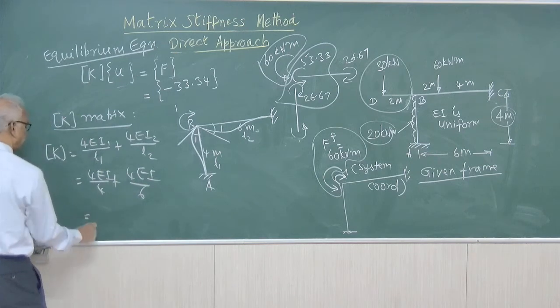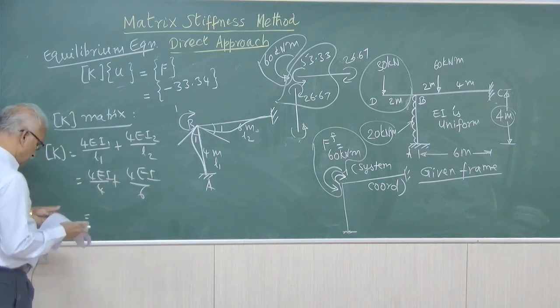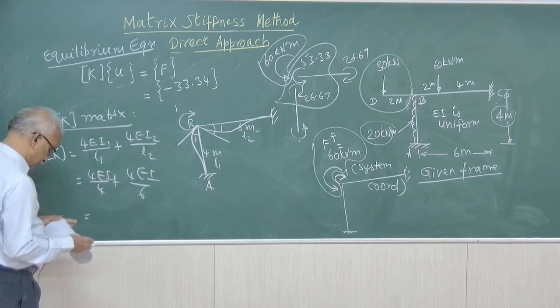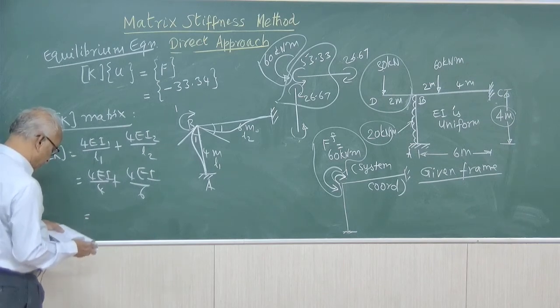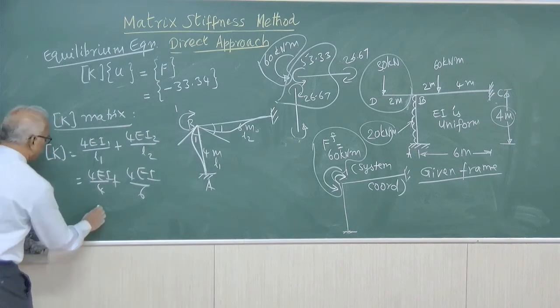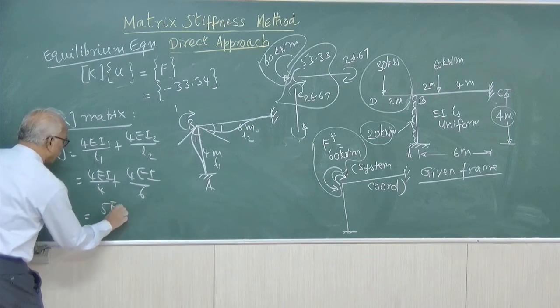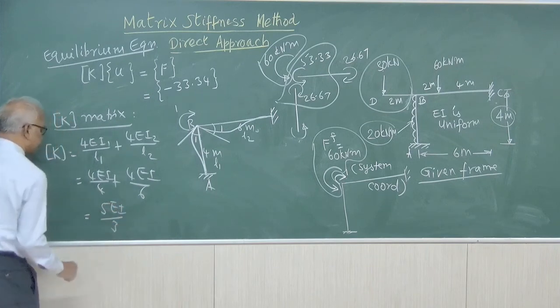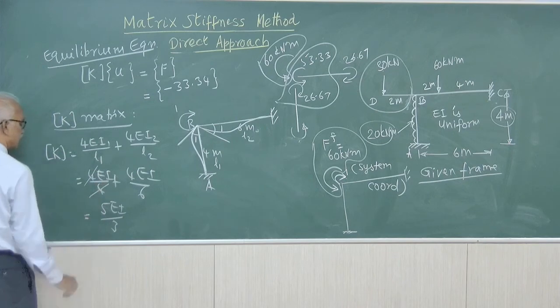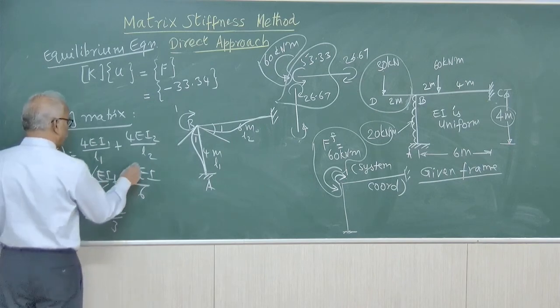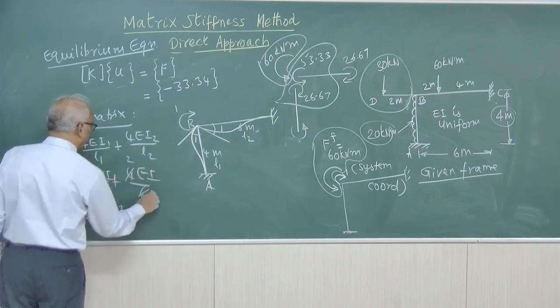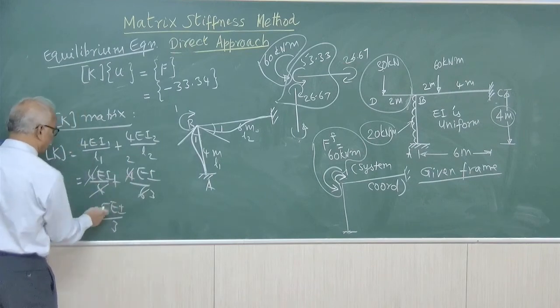On simplification, this will be equal to 5EI by 3. This is EI and this becomes 2/3. So 1 plus 2/3 is equal to 5 by 3 EI.